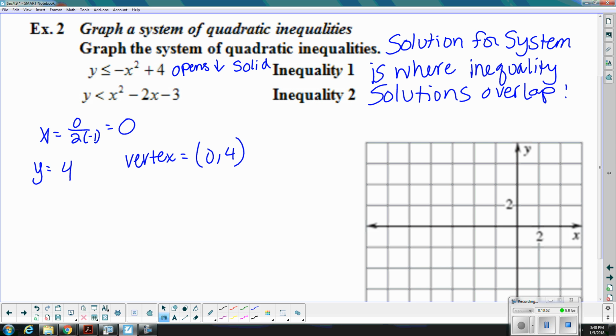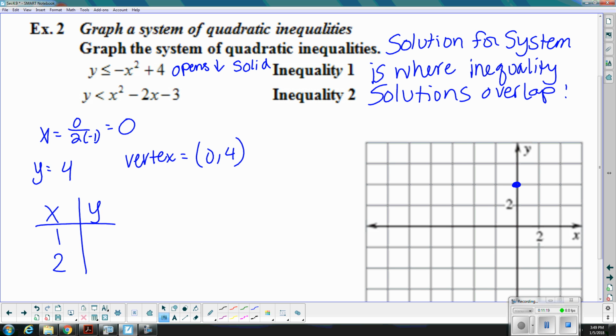So we're going to start with that, and you can go ahead and graph it. Pay attention to the scale on your graphs. Then we can find two other points. So I'm going to choose points that are to the right. So let's choose 1 and 2.